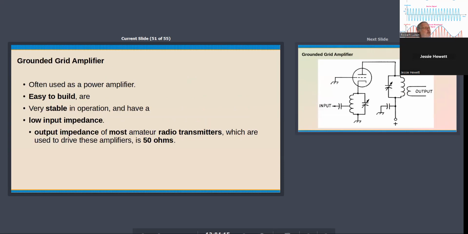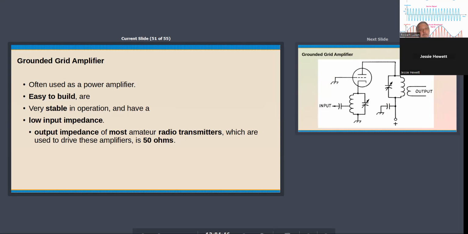Okay, back to a tube, a grounded grid. Says they're easy to build, very stable. I guess there's a bipolar equivalent, which would be a grounded base. It's probably the typical output in most of the tube type stages.